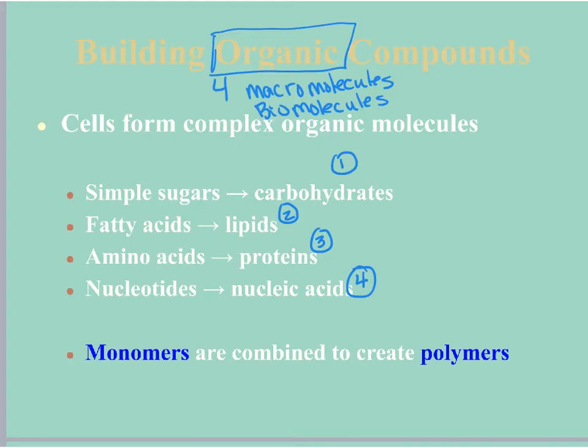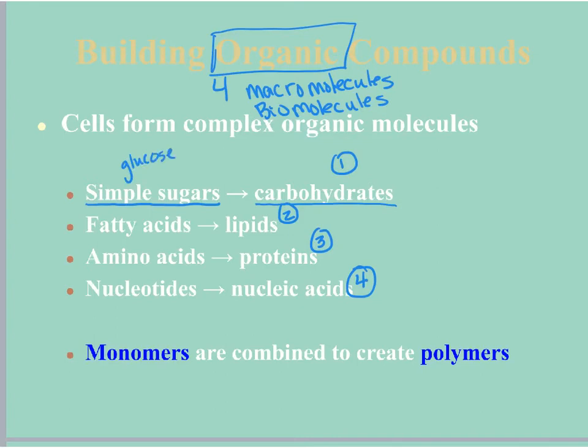So if we think about the building blocks, the single structures that come together to form each, in carbohydrates, you've got simple sugars. So this would be 1 molecule, but then you've got many molecules coming together to form what we call a much longer, larger structure called a carbohydrate. Glucose, for example, is a simple sugar.